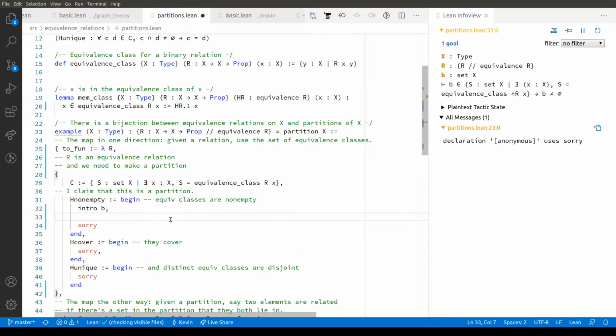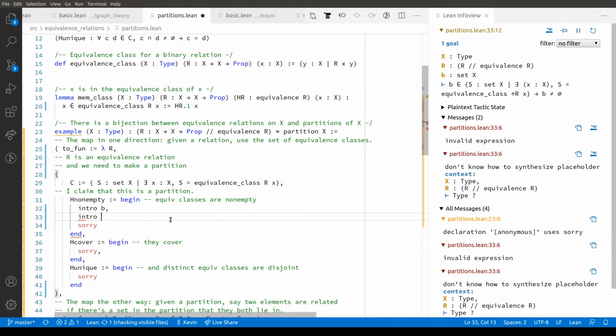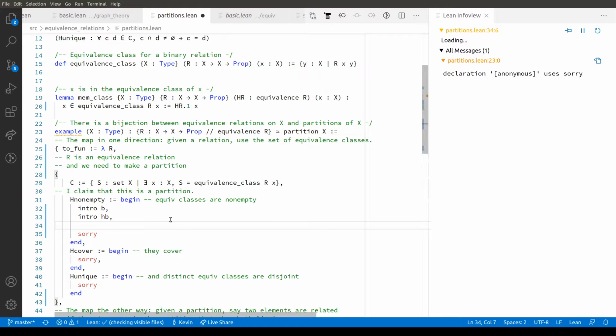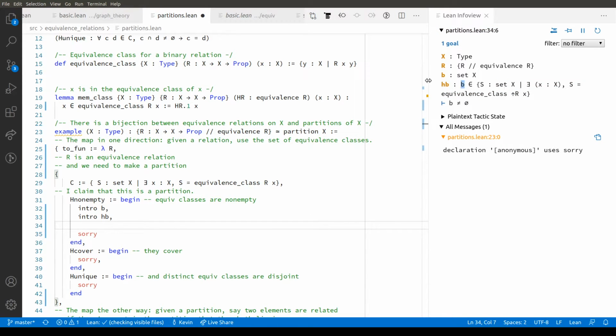So intro B for a block. And now let's assume that B, and now let's do this cleverly. We can intro HB, and HB is now a very long-winded proof that B is the equivalence class of x for some x.